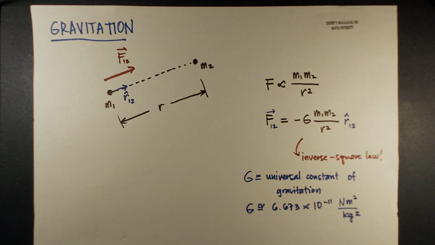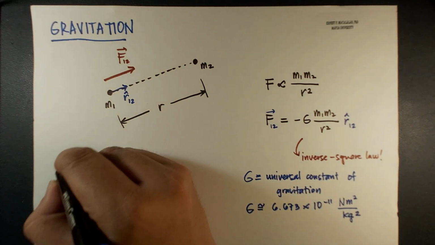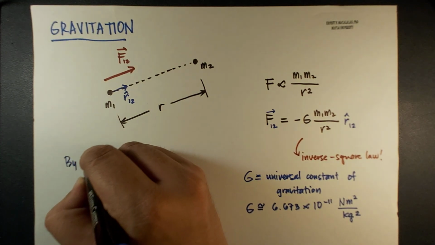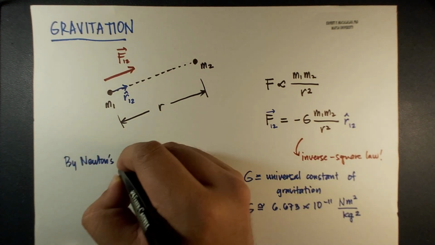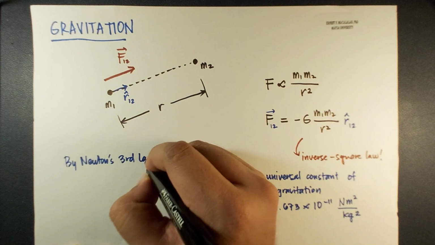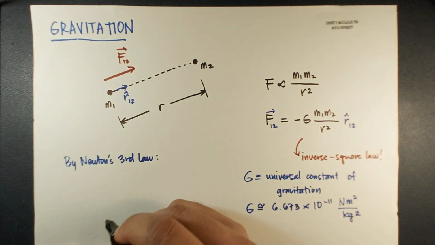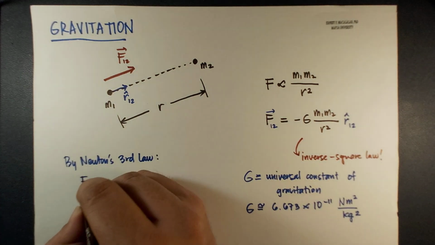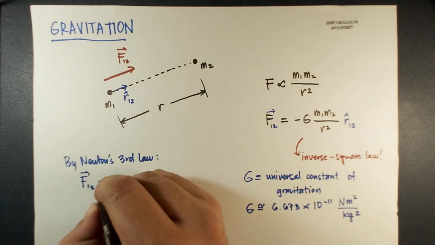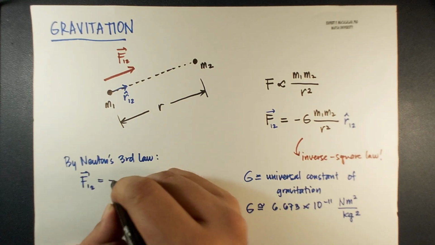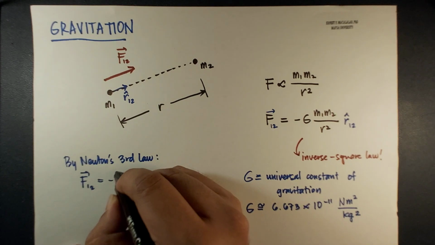Okay, so by Newton's third law, F12 is equal to negative F21.